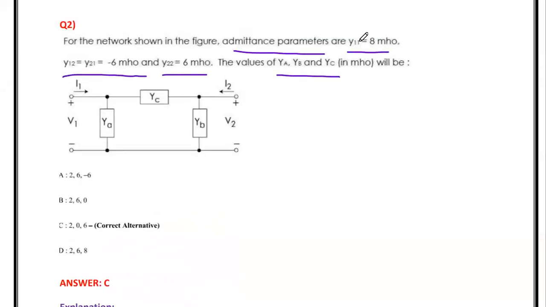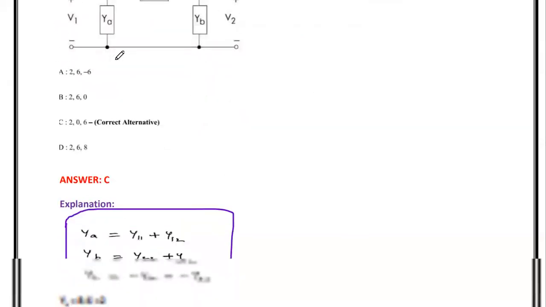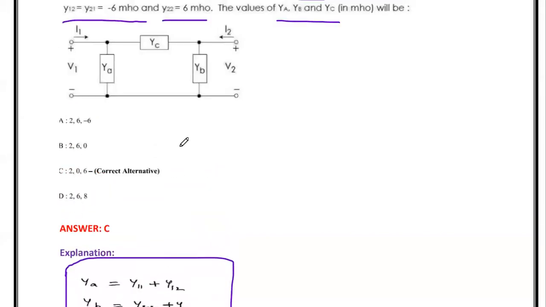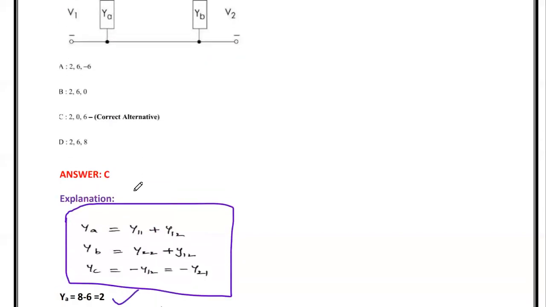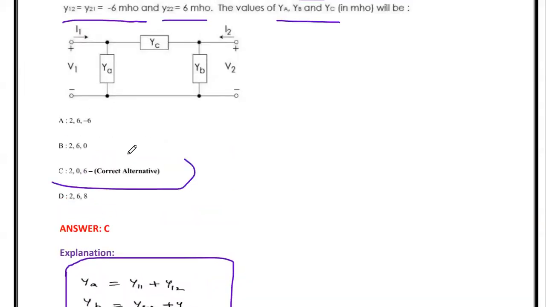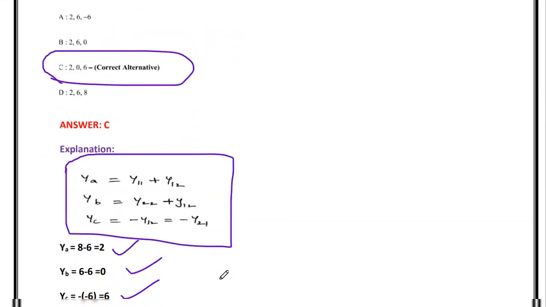Y11 is 8 and Y12 is minus 6, so 8 minus 6, the answer is 2. Similarly, YB equals Y22 plus Y12, so 6 minus 6 is 0. And YC equals minus Y12, where Y12 is minus 6, so minus of minus 6 is plus 6. So the answer is 2, 0, 6, which is the correct option. You just remember this relation.